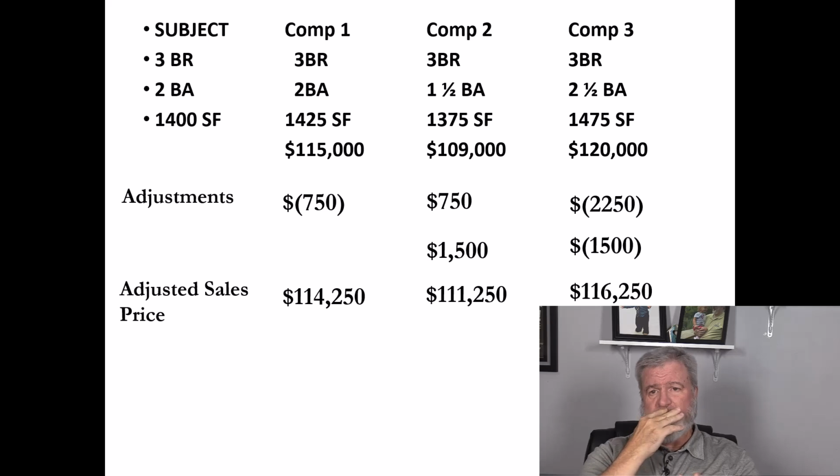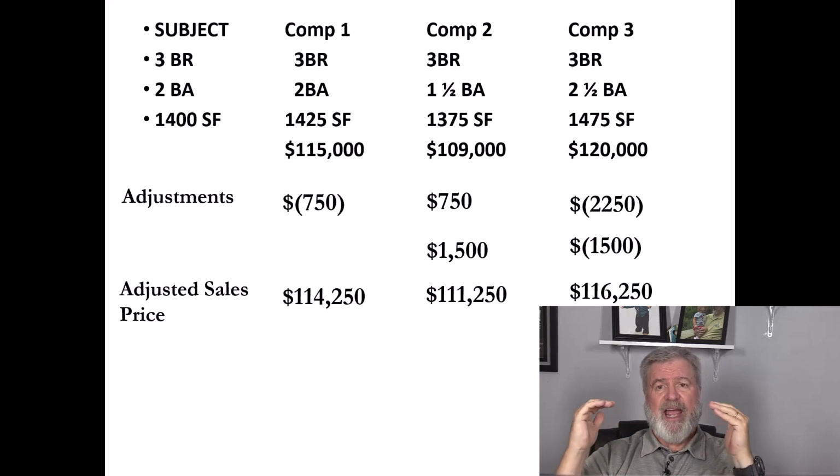Even probably the biggest difference, if you look at comp 3, it actually sold for $120,000, but after making the adjustments, we're working with $116,250. So a little bit of difference there, but still, there's not a great big difference between the adjusted sales price and the actual sales price.